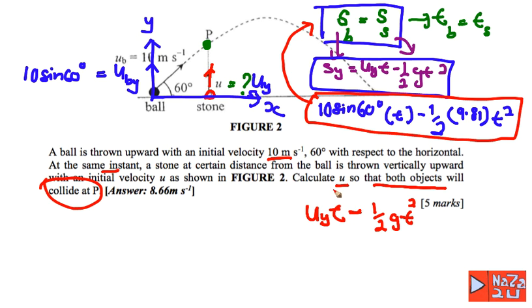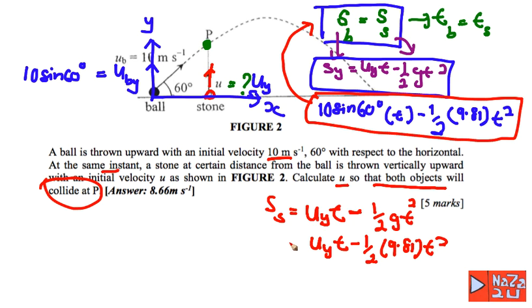This is SS, and that is SB. Uy t minus half, g is 9.81, and we have t square.